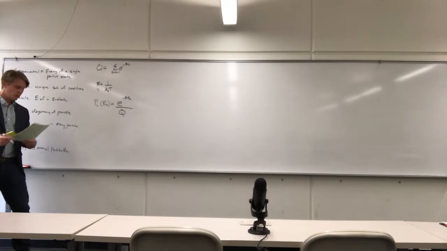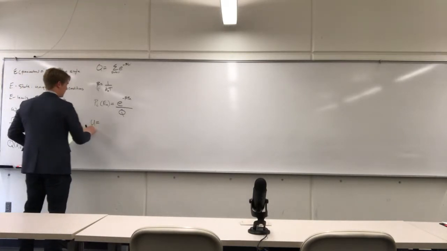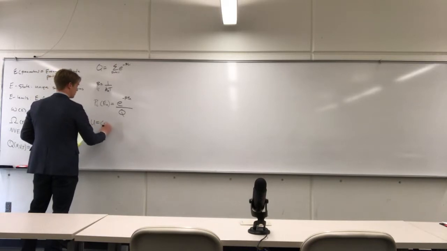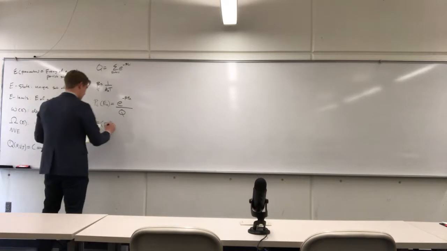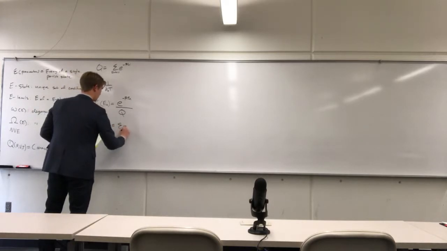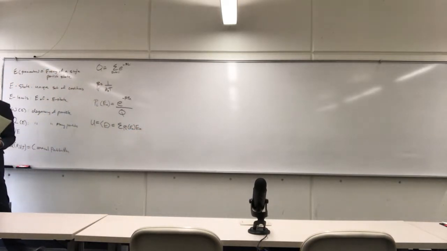Now from here, it was sort of recognized that the internal energy of the system is the average energy, which is a weighted summation of the probabilities multiplied by their energy. So it's a weighted average.